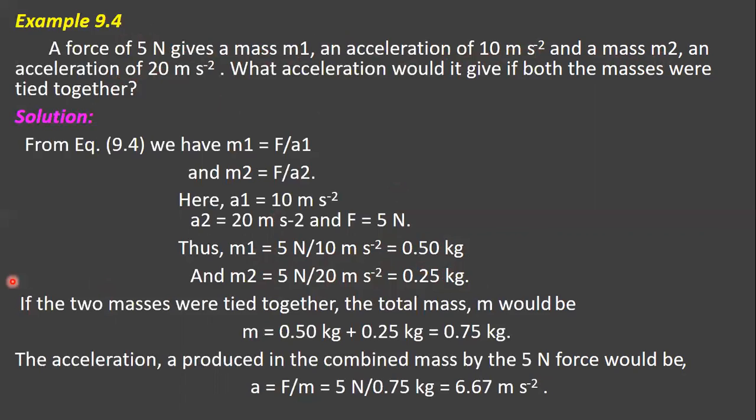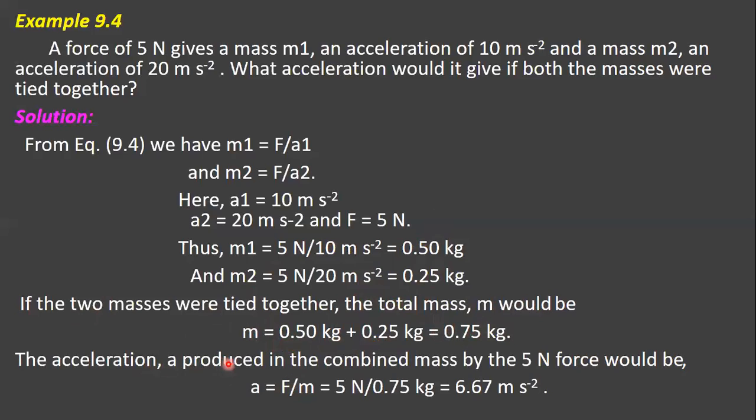And if the two masses were tied together, the total mass m would be, see children, m equals m1 plus m2, that is 0.50 kg plus 0.25 kg. You have to add both m1 and m2 here, then you will get the mass m equals 0.75 kg.